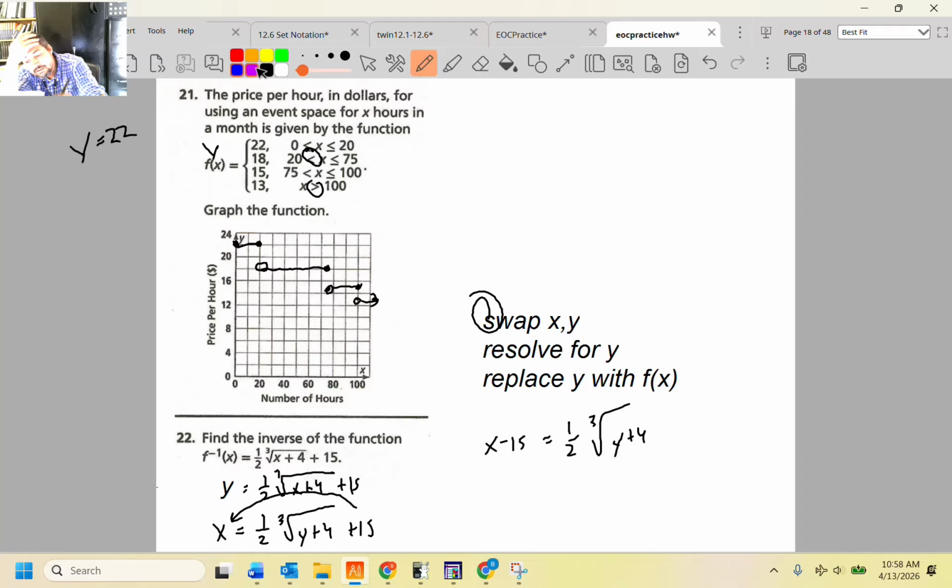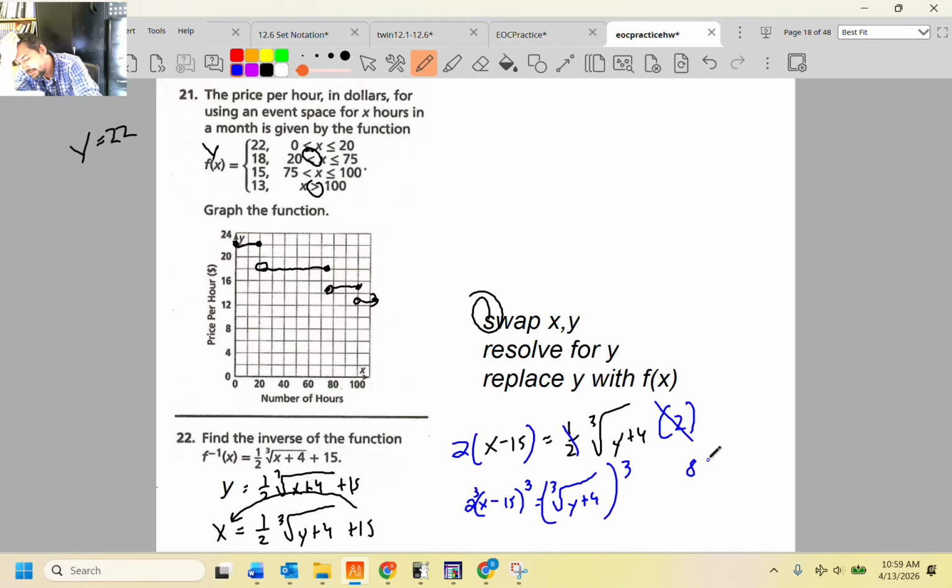Now the opposite of multiplying by half is actually multiplying by 2. And I'm not even going to do the distributive property on 2 times x minus 15. That's just not going to do it. It's going to give me 2 times x minus 15 equals the cubic root of y plus 4. The opposite of cube rooting would be to cube. So I have to cube everything here, including the 2.